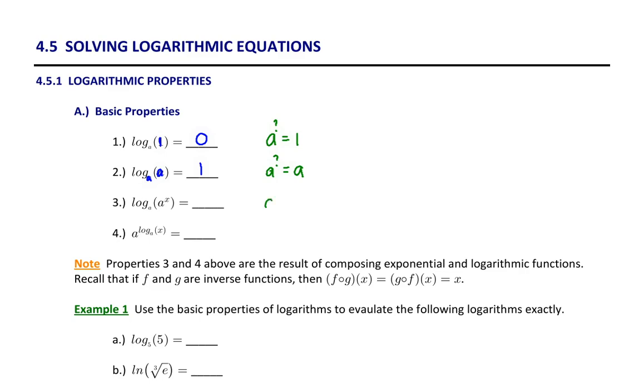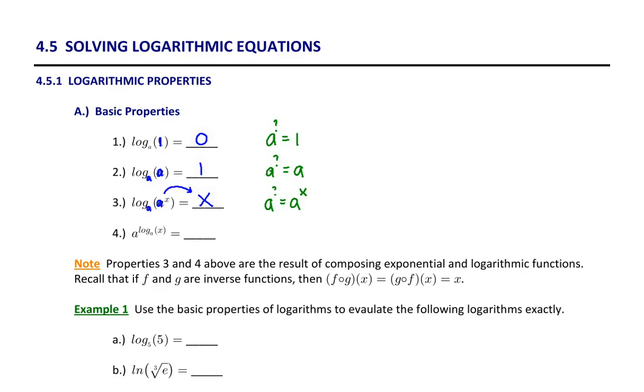Again, we're trying to figure out base a raised to what power equals the argument a to the x. Clearly, the exponent there is x. So if this base matches this base, then the answer is just the exponent. The logarithm represents the exponent, so it's like I'm just gleaning the exponent off of that argument.